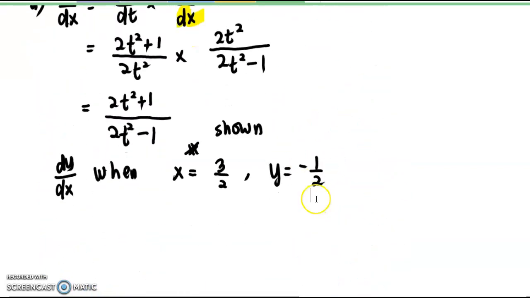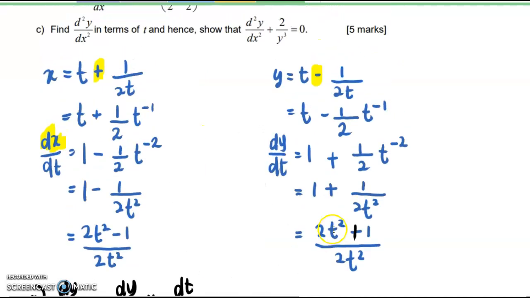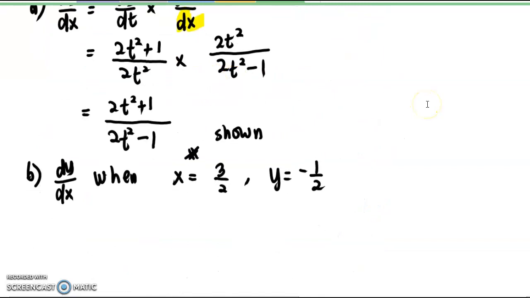Okay. Diberi point. So, maksudnya ini adalah nilai di x dan y. Tapi, kita punya dy/dx in terms of t. So, we need to find what is the value of t when x is 3 over 2, y equals negative 1 over 2. So, we can choose one of the equation. Let's say I choose x equals t plus 1 over 2t.